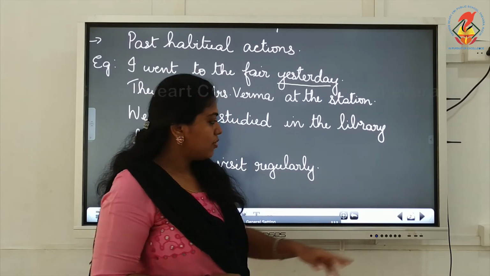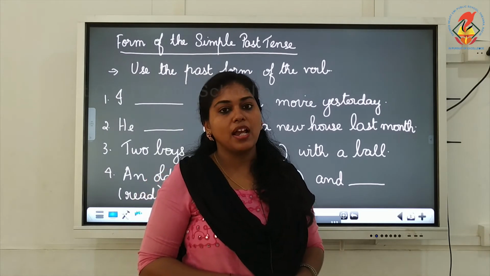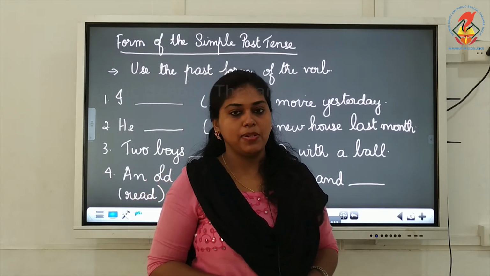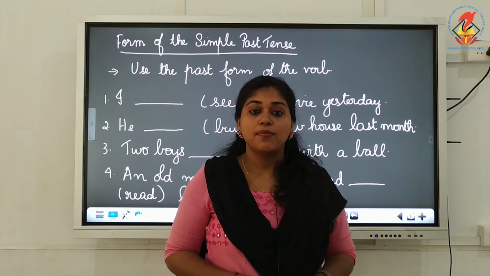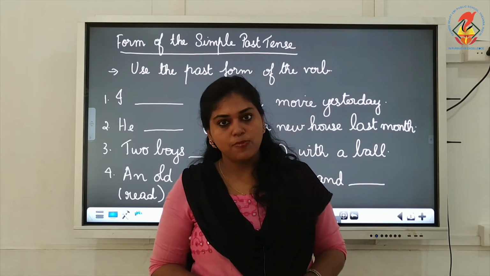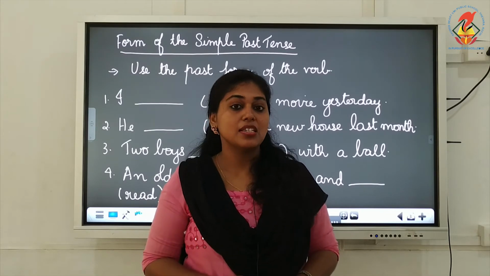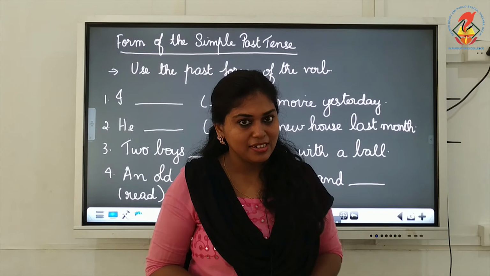Now let's see how we write the verb in simple past tense. We have to use the past form of the verb. Hope you know what I mean by past form of the verb, because in present perfect tense you have already learnt three forms of verbs, right children?